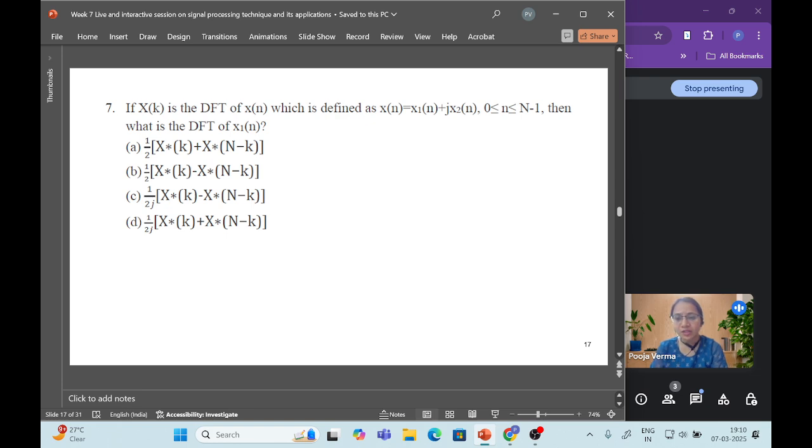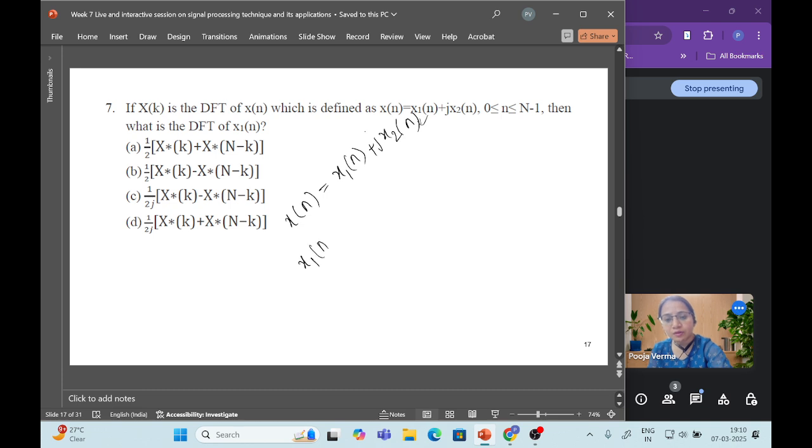Now next question is, if x of k is the DFT of x of n, which is defined as x of n is x1 of n plus j x2 of n, where n varies from 0 to N minus 1, then what is the DFT of x1 of n? Here x of n is equal to x1 of n plus j x2 of n.